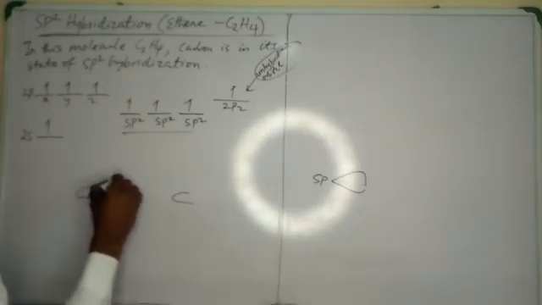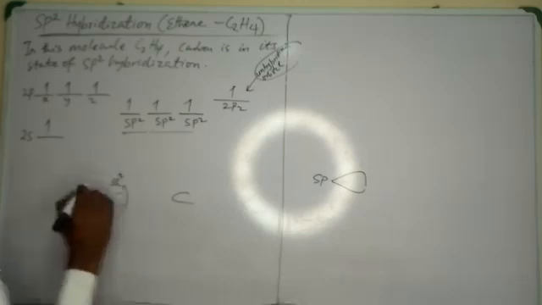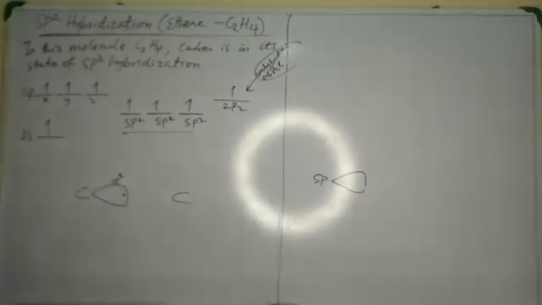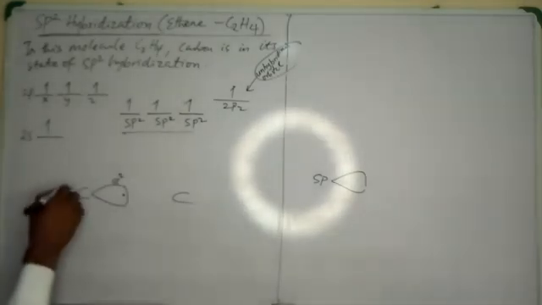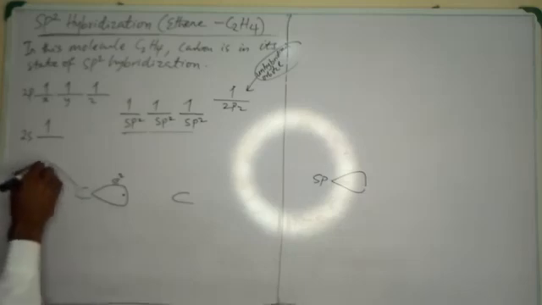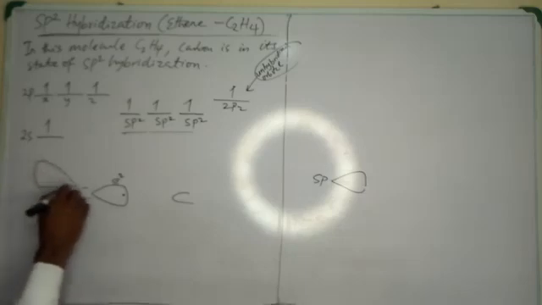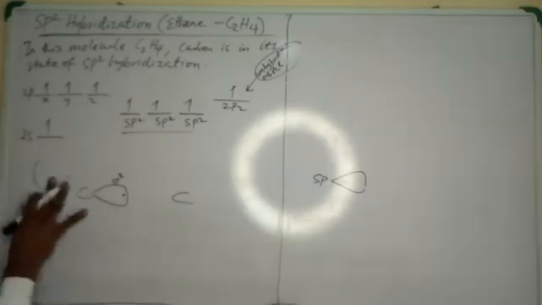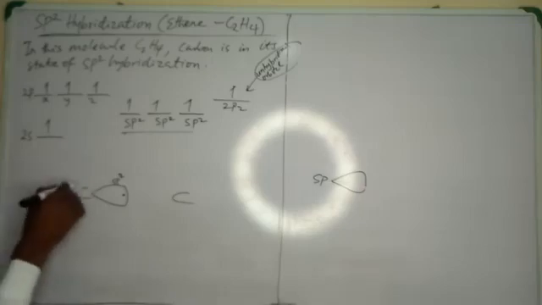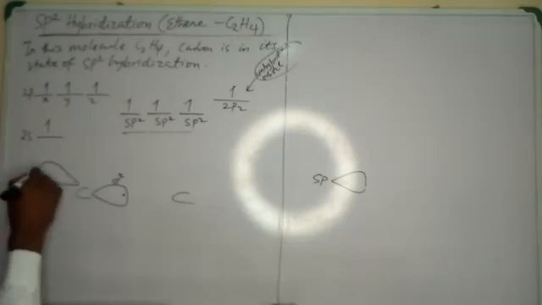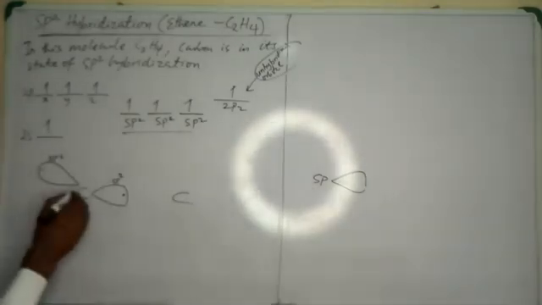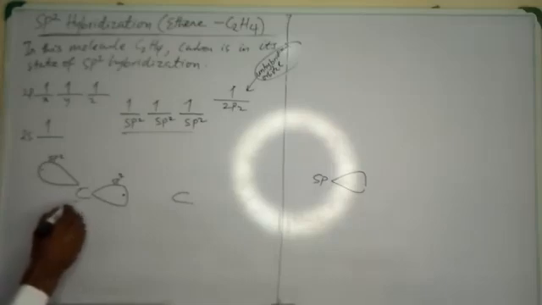Okay, this of course is an sp2 hybrid orbital with an electron, fantabulous. The second one is drawn like this. Okay, this is another sp2 hybrid orbital. Okay, this is an sp2 hybrid orbital. Nice. And the third one is usually drawn like this.